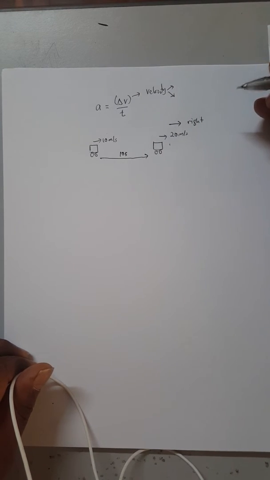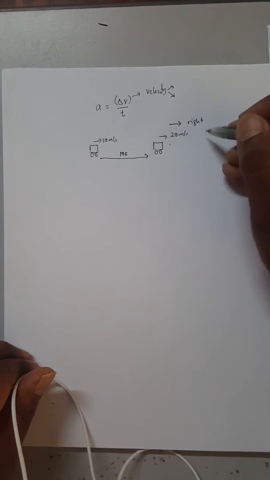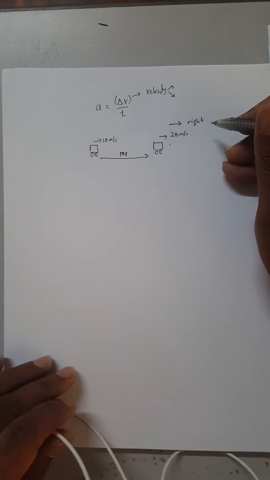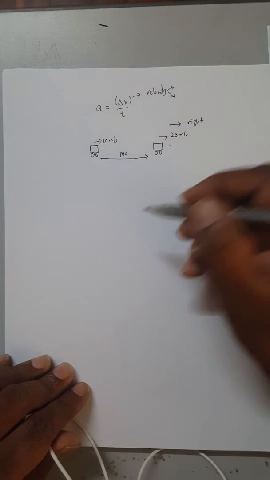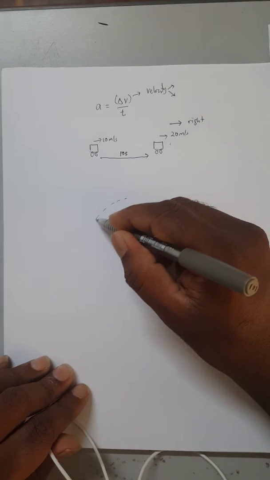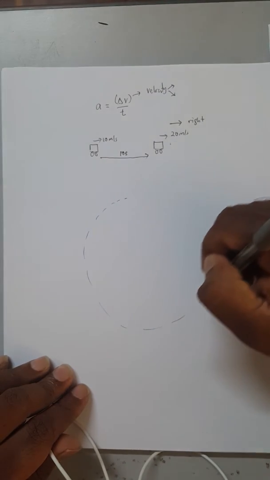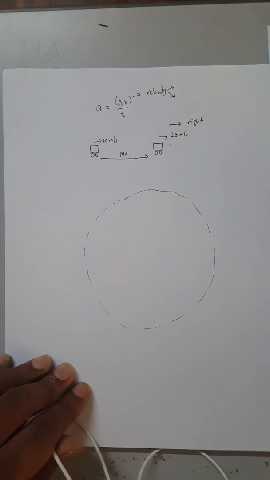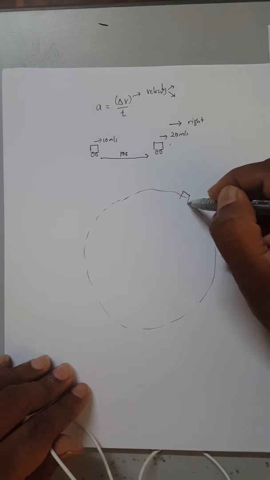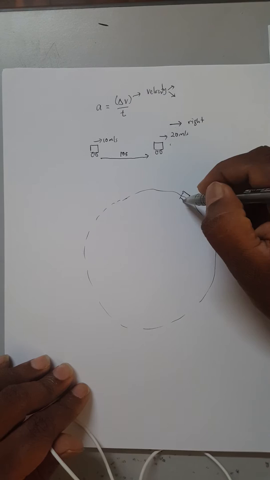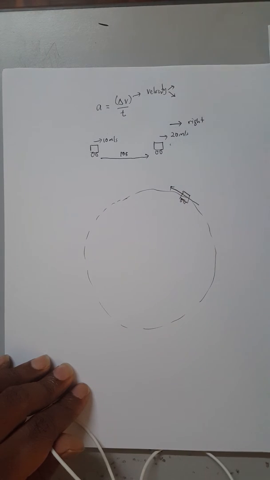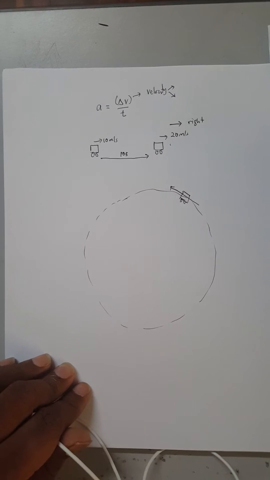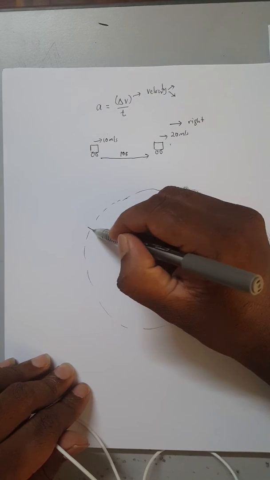So from here, if you compare this to circular motion, let's say the car is here, moving with a velocity, and the next position is here.